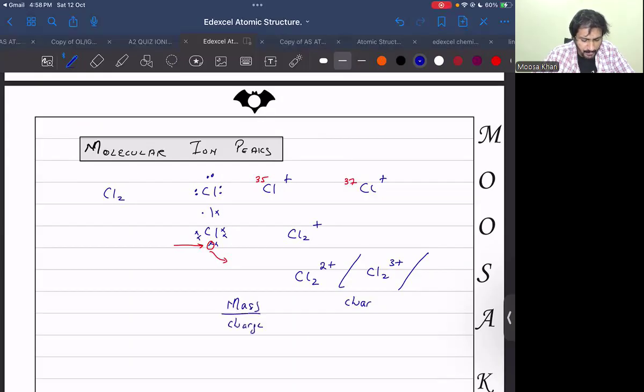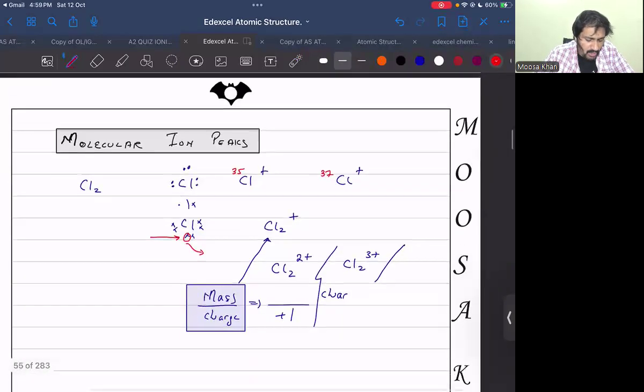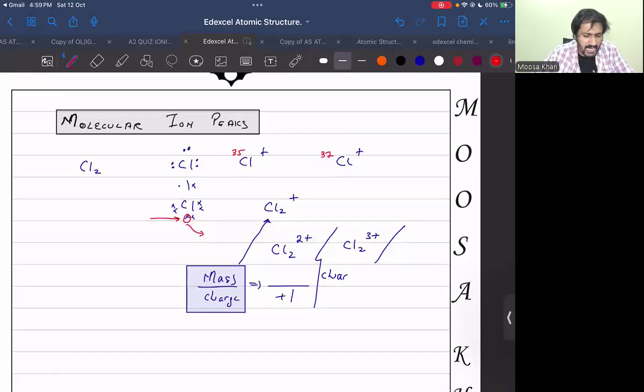Because for now, if we consider all the charges as +1, the value of this ratio would just be equal to the mass. That would be quite simpler. So we actually filter out all other ions with charge other than +1, like +2, +3.